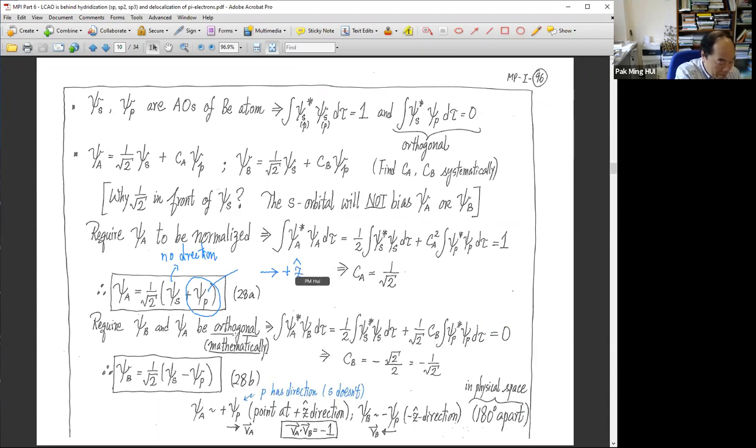Similarly, you see this term, this is like a unit vector pointing in minus z. The first term s has no direction. Therefore, you know that one is like that, one is like that. In real space, they are 180 degrees apart. That is the point about spreading out the beryllium 2 electrons to direct them into different directions so that the Coulomb repulsion is also minimized.